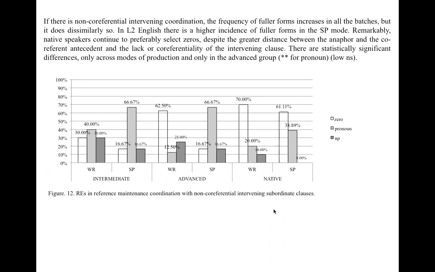What we can see is that when the subject in the subordinate clause is not coreferential with the subject in the coordinate clauses, native speakers still select zeros, even though pronouns are higher, especially in the spoken component. In learners, we see the same picture, especially in the spoken component. They tend to select pronouns far more than zeros.